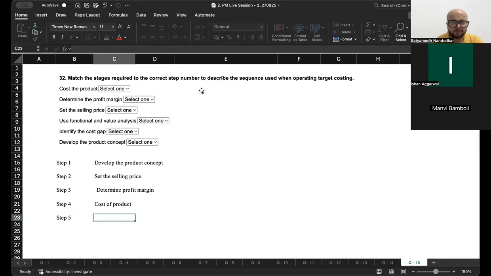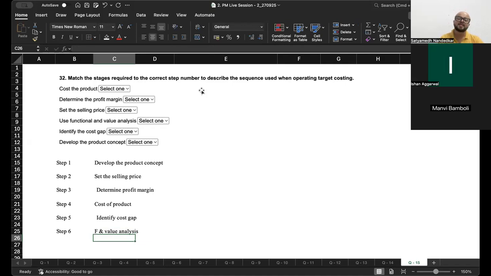Then step five, identify cost gap. And step six, what should be step six? Cost of the product. No, no, functional and value analysis. This should be the last step.